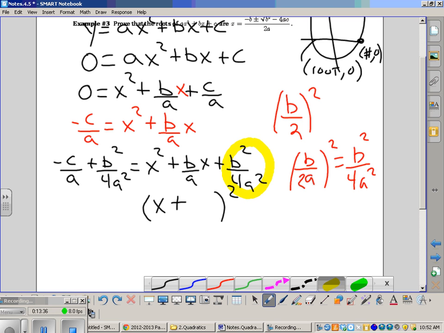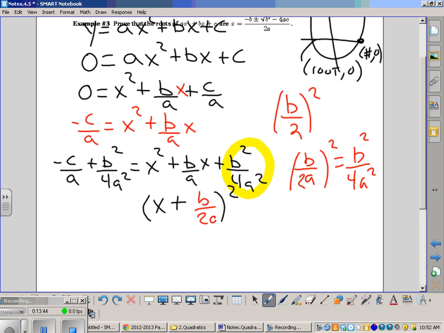So take the square root of b squared over 4a squared. You can do that in your head. So the square root is going to be b over 2a. And that's going to equal negative c plus b squared over 4a squared.